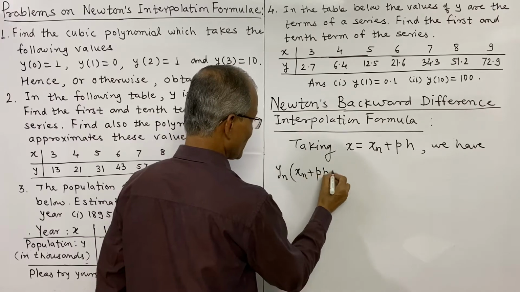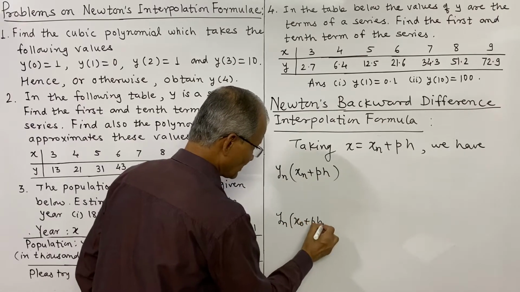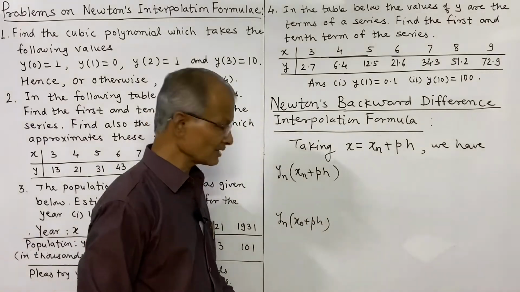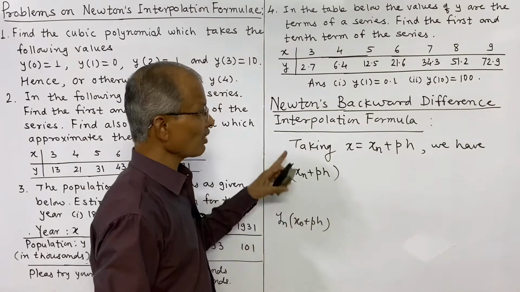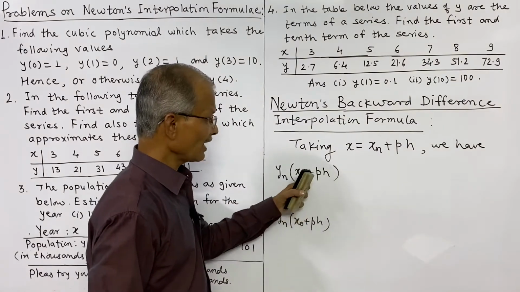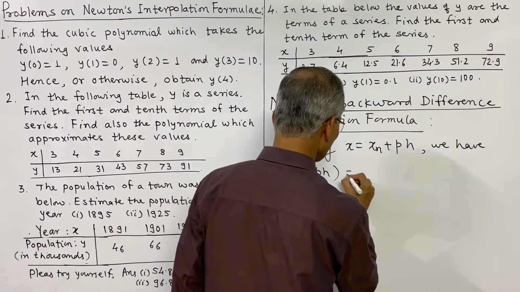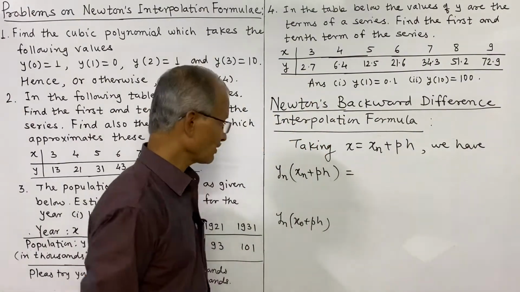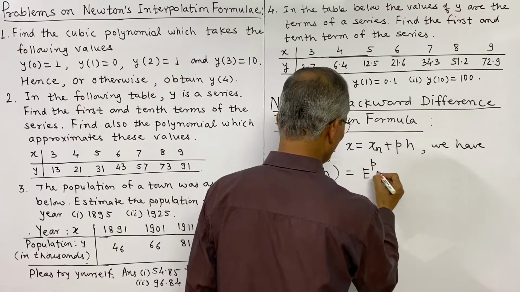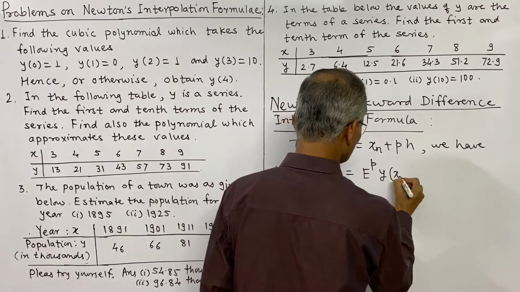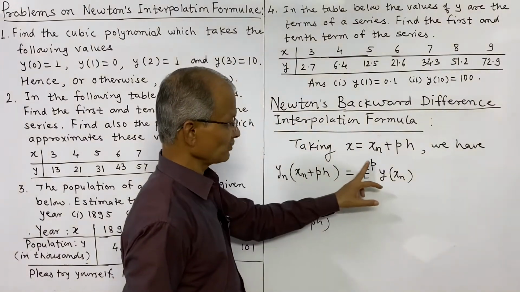See the difference. Earlier we obtained yn at x0 plus ph, and here we are obtaining it for backward difference. This is the first value and this is the last value. So that is the difference between forward and backward difference. Here the value is at the last value of x, and this again can be written in terms of the shift operator, that is E to the power p of y at xn, that is y at xn plus p times h.